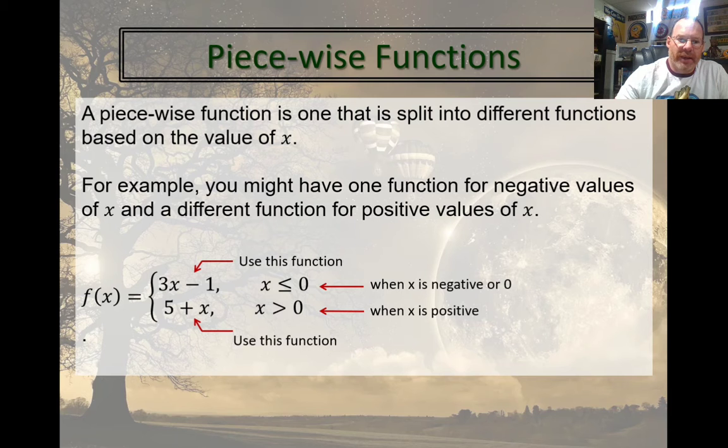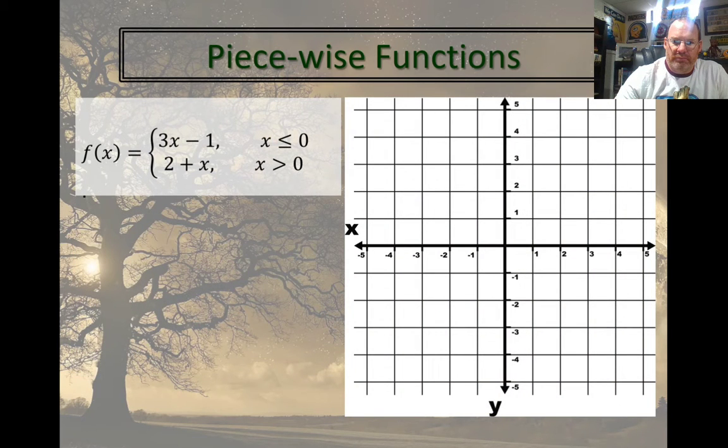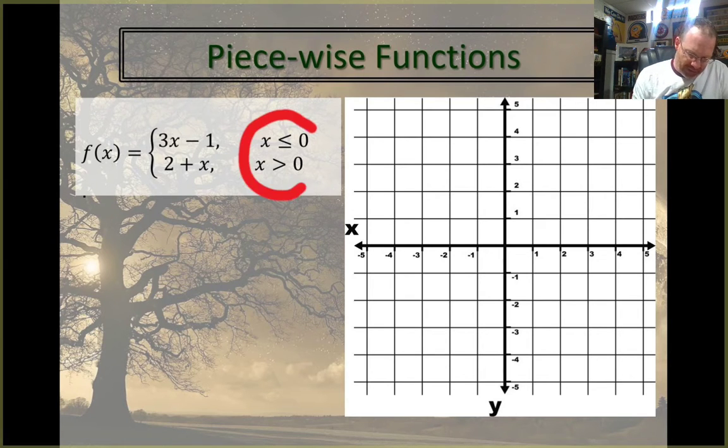Okay, so we're going to take the time to graph this. Usually what I like to do, and you should be doing these graphs in pencil for sure, is put an imaginary temporary line right at the border of the two functions, which is 0.